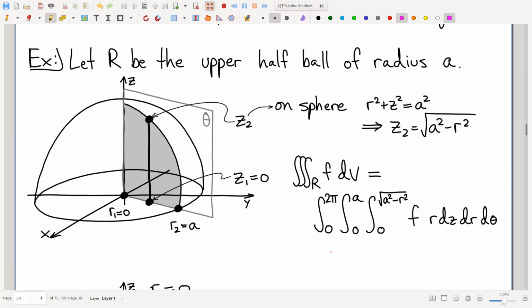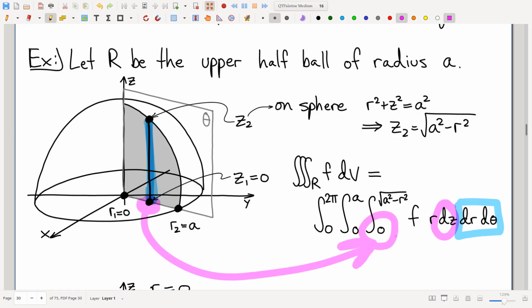And now, again, as usual, we're going to pick a value of theta and a value of r. This is our arbitrary representative r slice of our theta slice. And business as usual, right? We go on to the next variable, z. Z starts there, where I think it's pretty clear that it's 0. And then z ends here, and here's where we have to do a little bit of work.